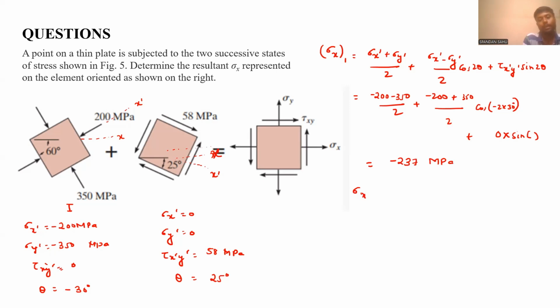Similarly, sigma y for 1 will be (sigma x prime plus sigma y prime) by 2 minus (sigma x prime minus sigma y prime) by 2 cos 2 theta minus tau x prime y prime sin 2 theta.